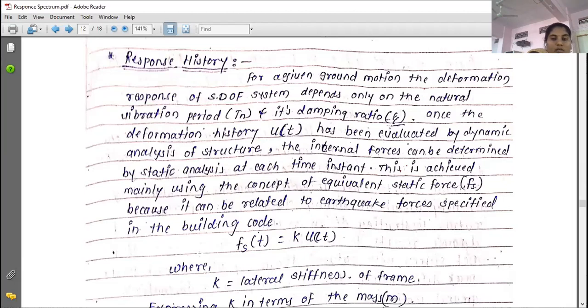This is achieved mainly using the concept of equivalent static force Fs, because it can be related to earthquake forces specified in the building code.